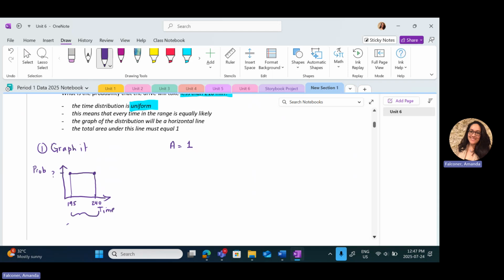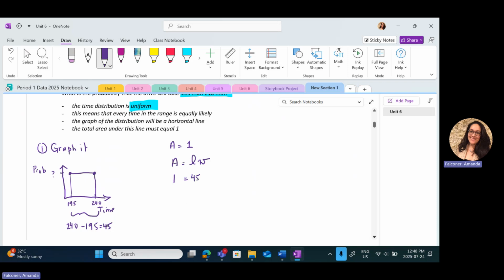because we want this side here. I'm going to take the difference between these two numbers, 240 minus 195. That's 45. So the difference here is 45. Because this is a square or a rectangle, the area has to be equal to 1. I'm going to call this side the length, so this is 45.